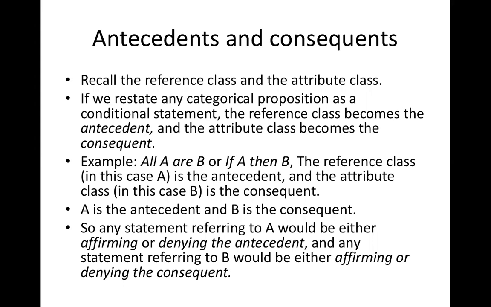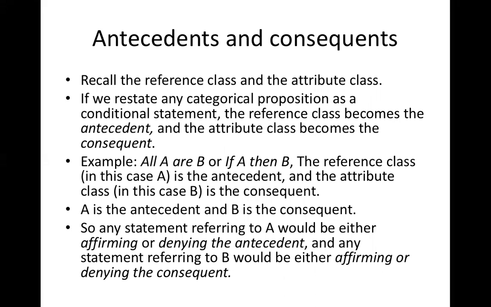And any statement referring to B will be either affirming or denying the consequent. So all men are mortal. Any statement referring to men is either affirming or denying the antecedent. And any statement referring to are mortal is either affirming or denying the consequent.